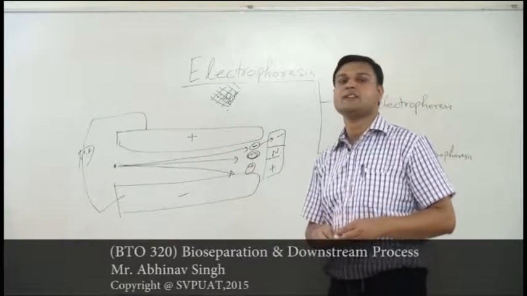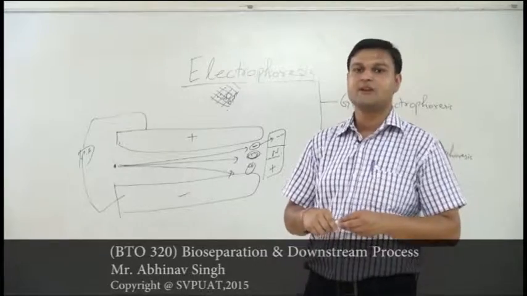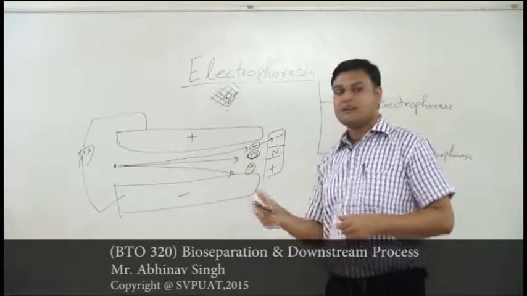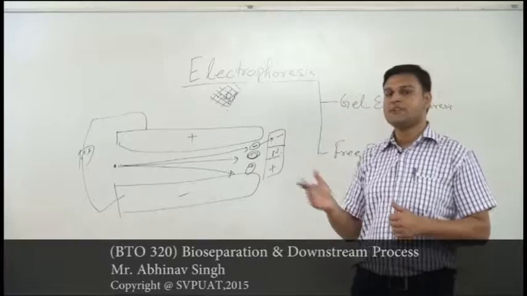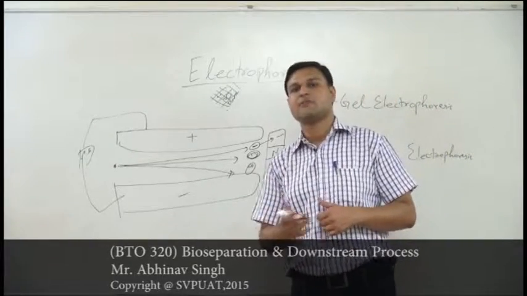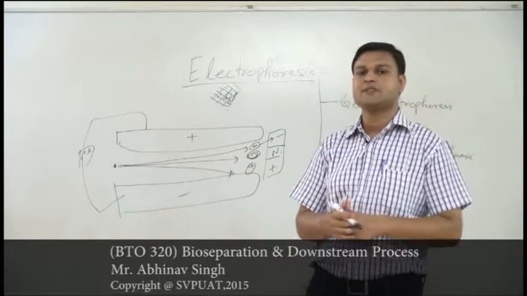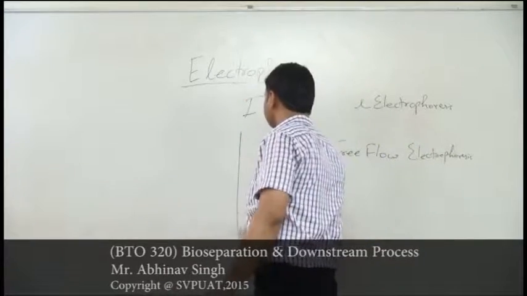Thus it is the technique best suited for commercial or industrial practices. There are certain variants of this electrophoresis, like isoelectric focusing or 2-dimensional gel electrophoresis. This we will be considering.